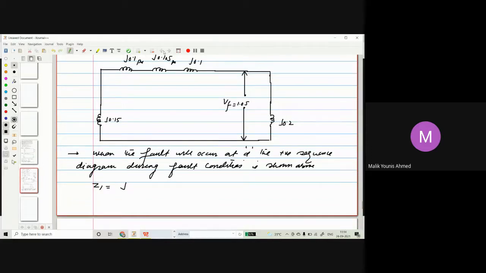These all up to here are in series. So that will be j0.15 plus 0.1 plus 0.105 plus 0.1. All are in series. I have added it because we have to see with reference to this. So it will be in parallel with j0.2.